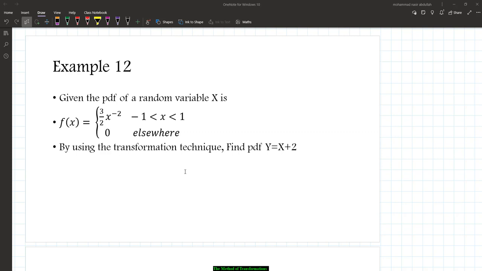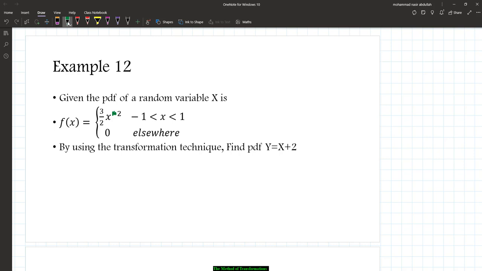So example number 12, given the PDF of random variable x, having 3 over 2 x negative 2. I think salah dekat sini, you need to cancel negative, macam dia akan jadi complicated. So x power of 2 only.